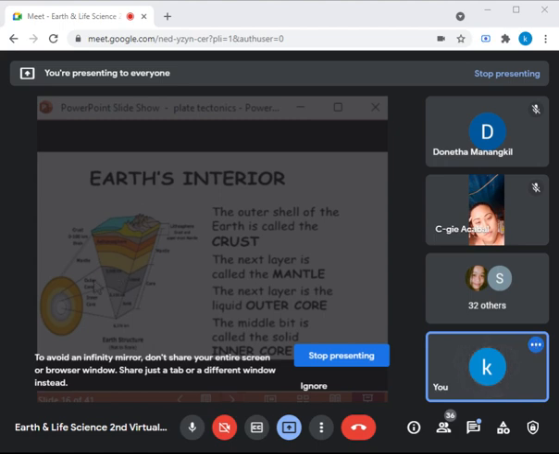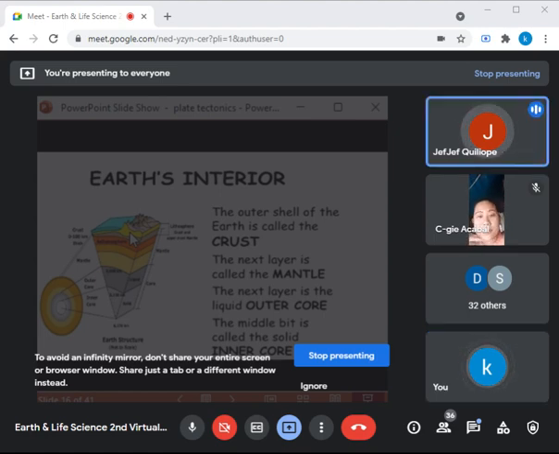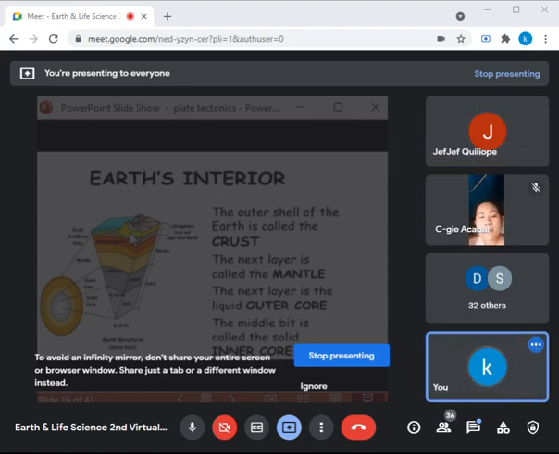Okay. As we all know that the Earth has 3 layers. We have the crust, which is the outer layer. Okay, kaning ato ang gitumban karon, muna siya, part na siya sa crust. Okay? There are 2 types of crust. If you can still remember, what are the 2 types of crust?